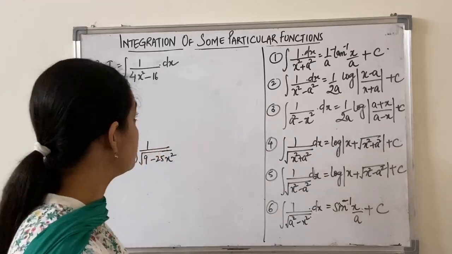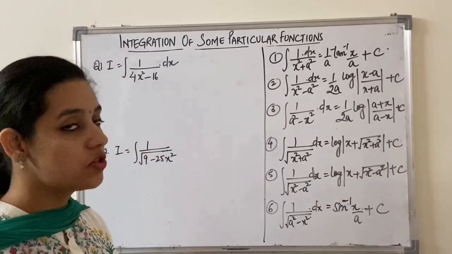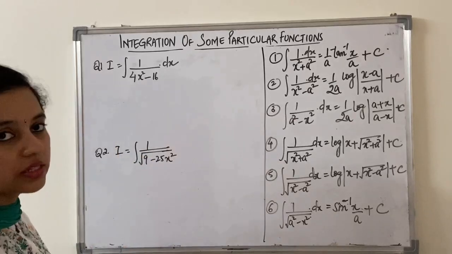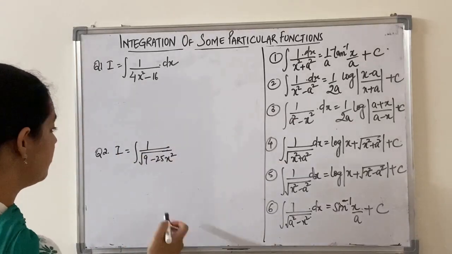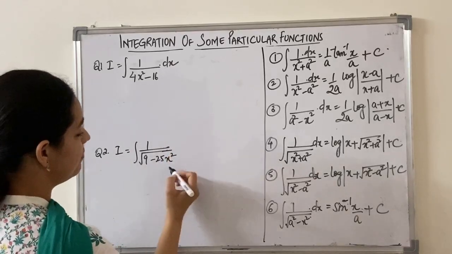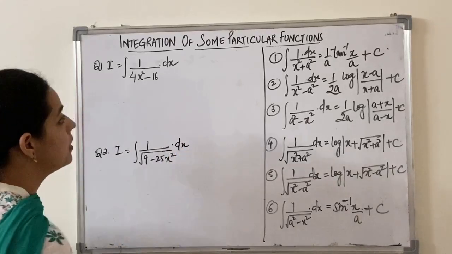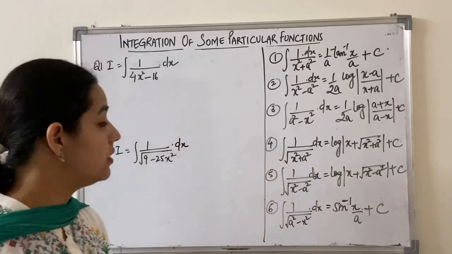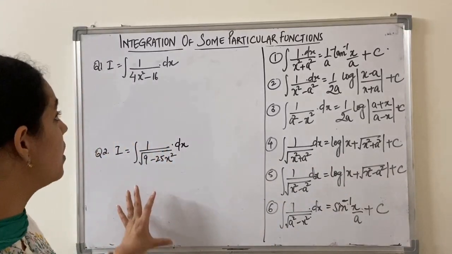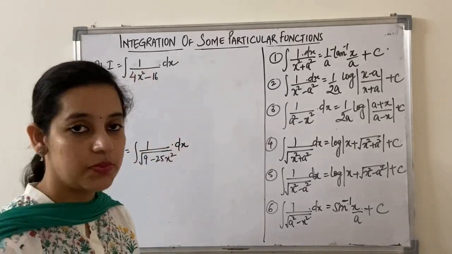Begin with the questions of some particular functions. So we have the questions of the type 1 upon 4x square minus 16, and if we have the questions of the type 1 upon under root of 9 minus 25x square dx. If we need to find the solution for these, one must remember that the numerator should always be equal to 1.